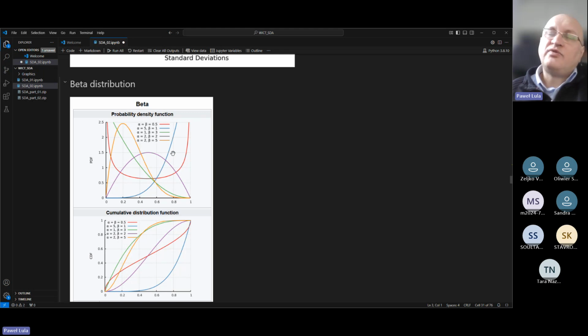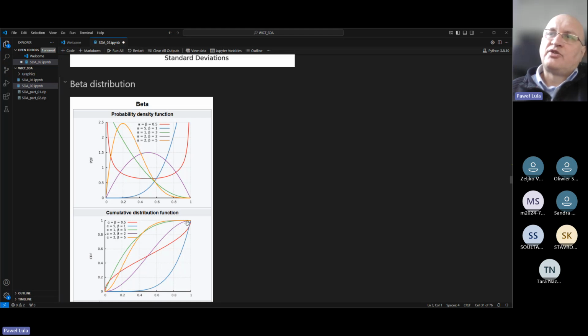We can change these parameters, and for example, it is possible to obtain this shape, which is very similar to the normal or t-Student distribution. This purple line, it is for both parameters equal to 2.